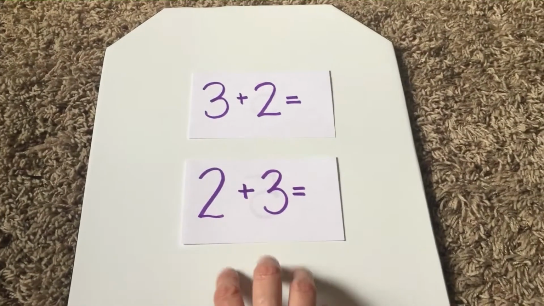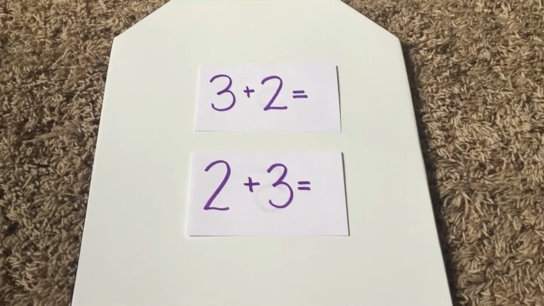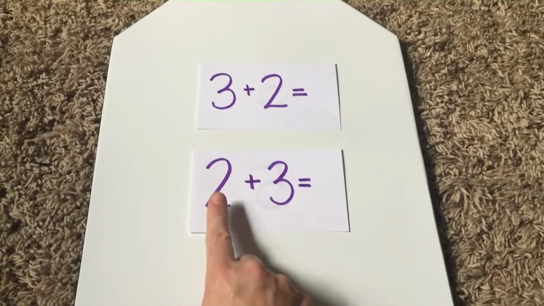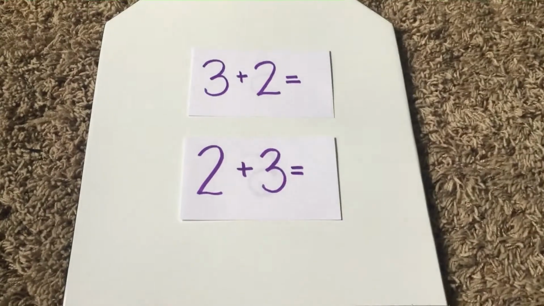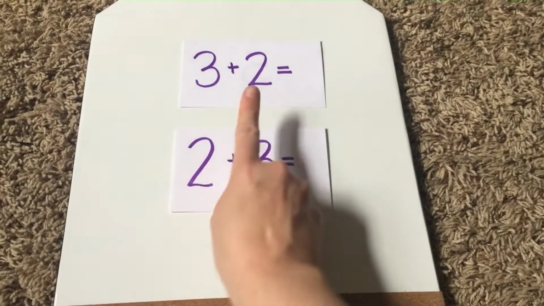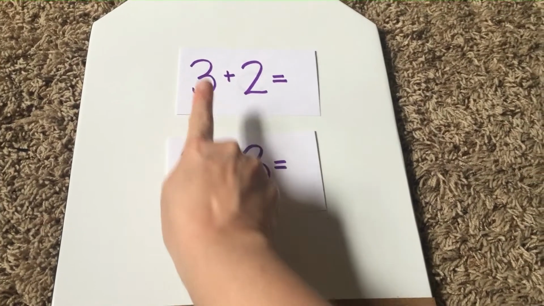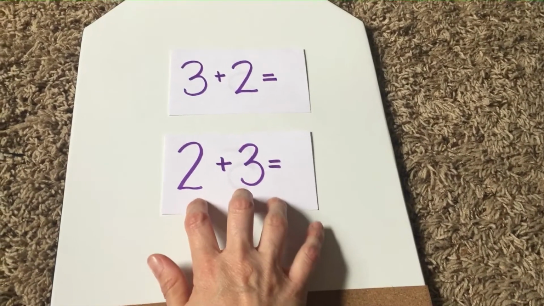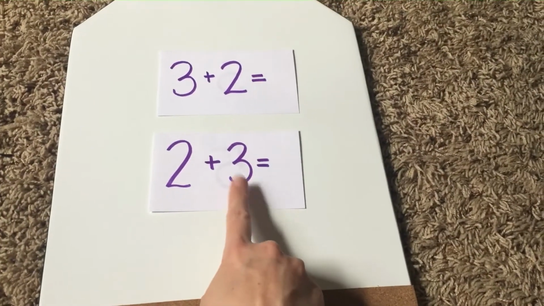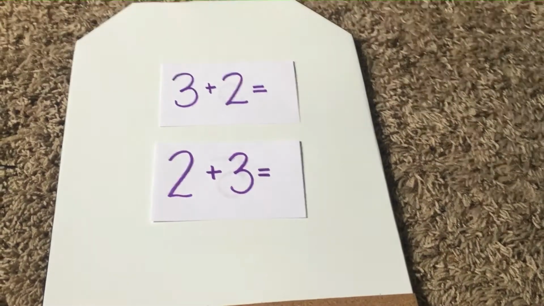The last math strategy that we can use when we're working on our fact fluency or adding numbers to 5 is to think again about how numbers can be flip-flopped and have the same answer. So notice here's a 2, 2, 3, 3. For this one, you can think about adding 2 more to 3 or going 2 hops up the number line.